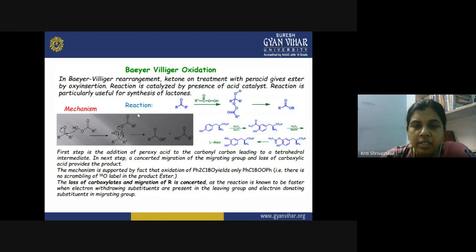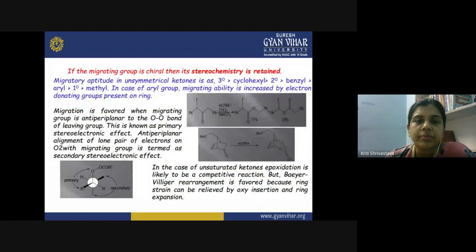This peracid will be the leaving group, right? Electron withdrawing substituents make the group leave fast, and when electron donating groups are in the migrating group, they will migrate in a quicker fashion. So that facilitates the overall Baeyer-Villiger oxidation.